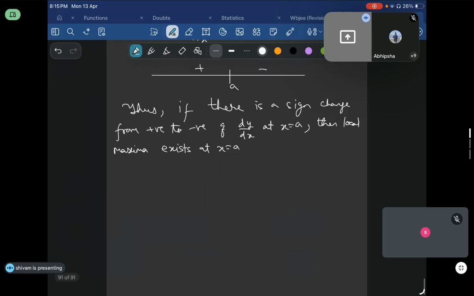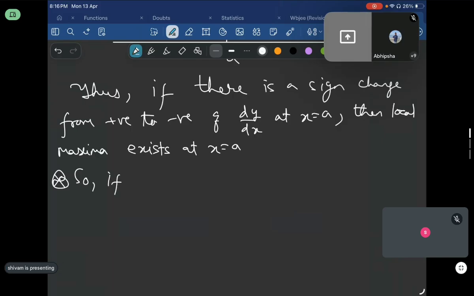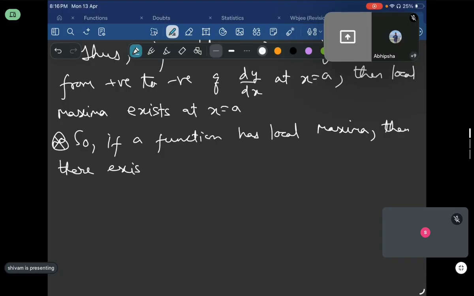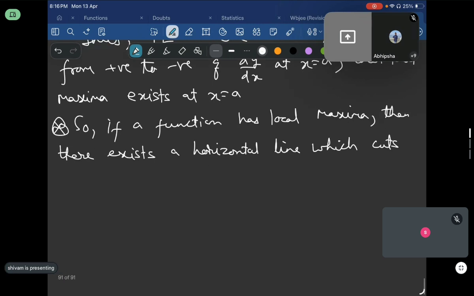Okay. Next. So if a function has local maxima, then there exists a horizontal line which cuts the curve in at least two distinct points.